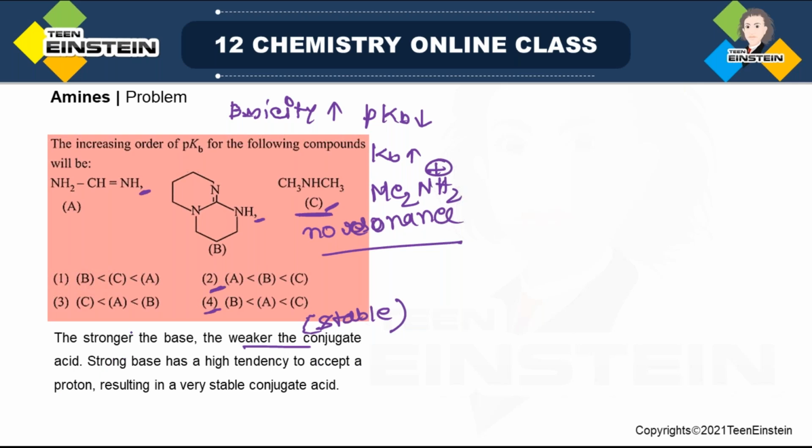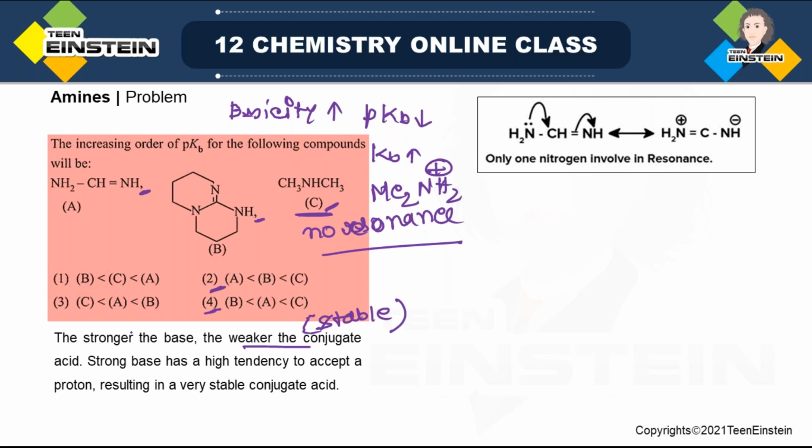In both cases, resonance is possible. If you consider molecule A, this type of resonance is possible. So here only one nitrogen is involved in resonance. Even if you consider the protonated form, if you protonate this NH, it will be NH2 plus, so then also resonance is possible. Suppose you are writing NH2 plus, in this case also resonance is possible.